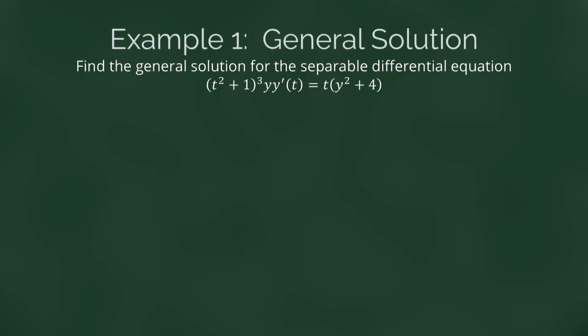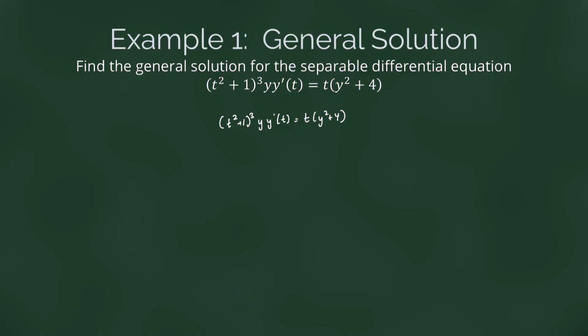Here we want to find the general solution for the separable differential equation (t squared plus 1) to the third times y prime of t equals t times (y squared plus 4). We know that our goal is to separate this. In other words, get all the y's on the left and all the t's on the right.